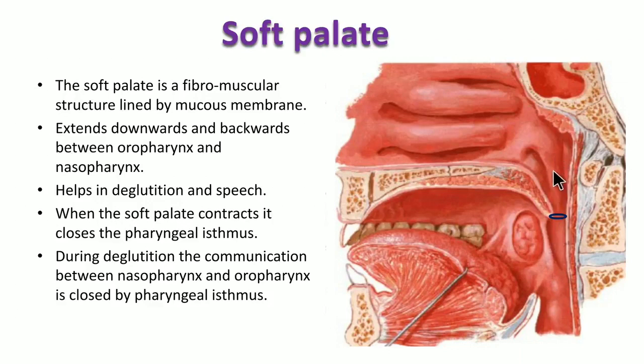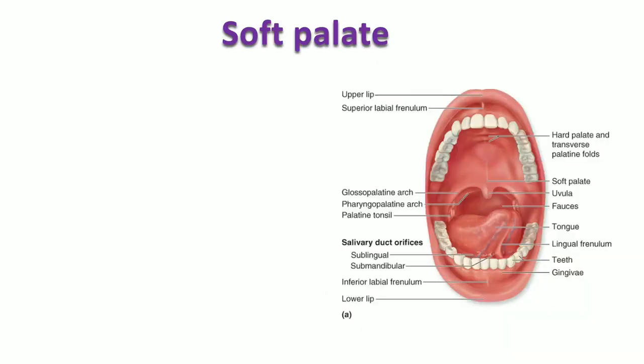Regurgitation of food does not take place. So when the palate contracts, it closes the pharyngeal isthmus, also called the nasopharyngeal isthmus. This closes, as I told you, during swallowing, and also when you blow air from the mouth, the palate gets stretched and contracted.